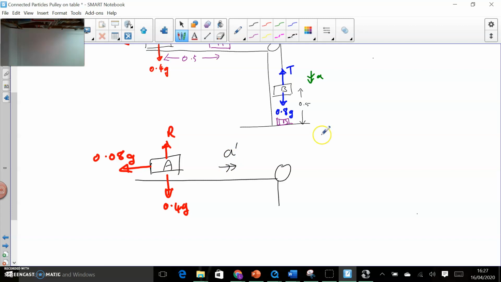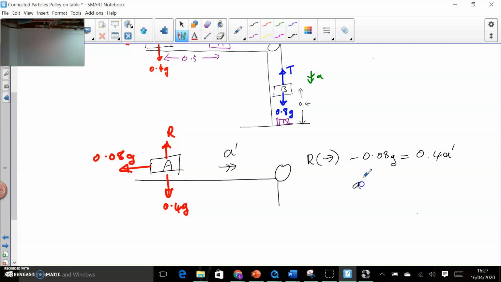Okay, so now we're going to apply Newton's law again, resolving horizontally in that direction. The only force is the resistance, which is in the opposite direction, 0.08 G, so that's minus 0.08 G, and that equals MA. So 0.4 is M, A dashed is our new acceleration.